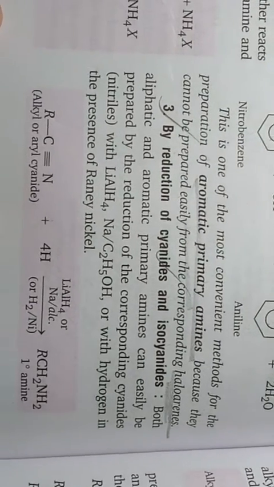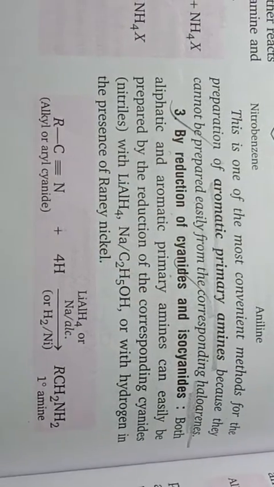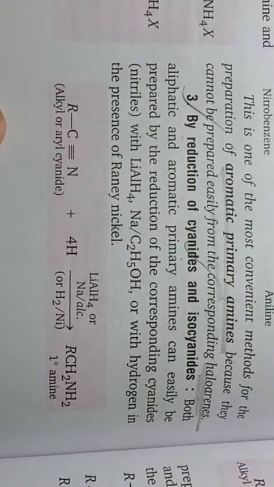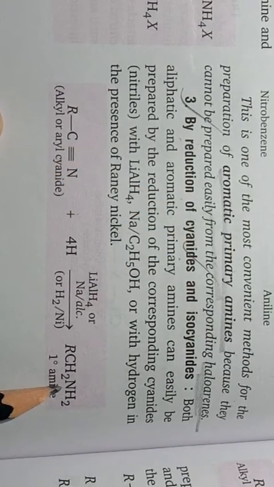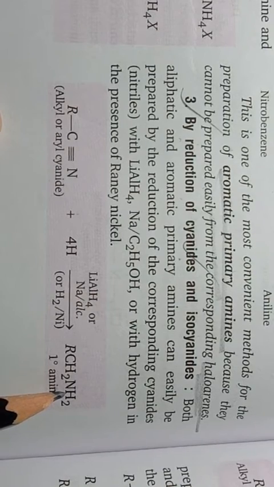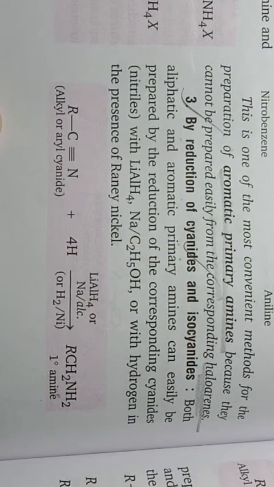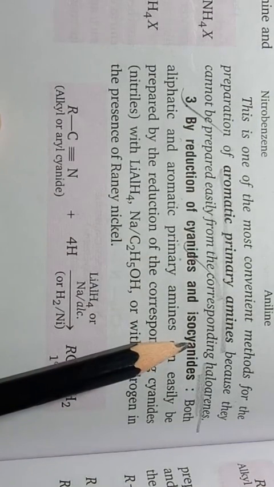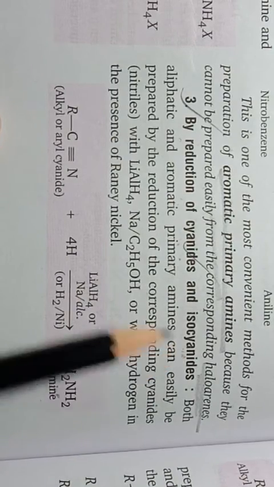The next preparation reaction is by reduction of cyanides. By the reduction of cyanides we form primary amines. But if you reduce isocyanide, then in that case we will get secondary amines.